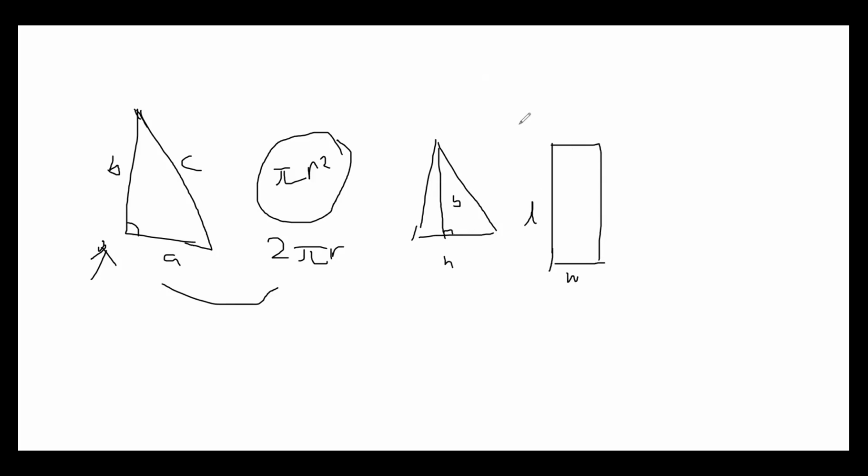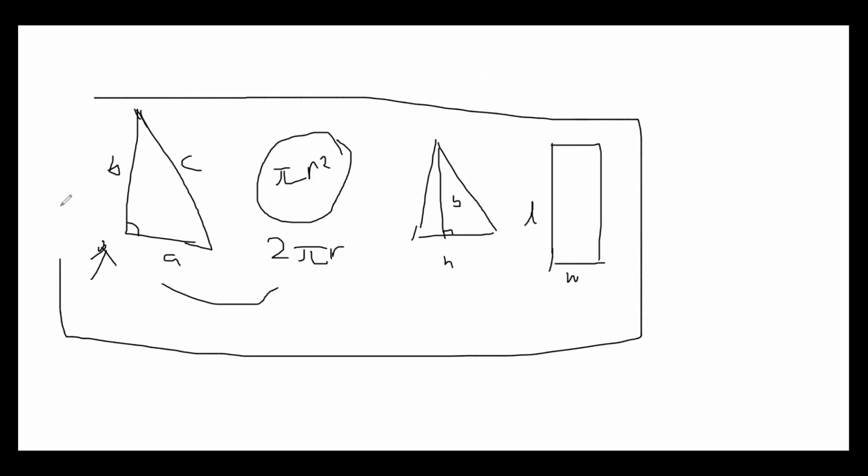Yes, those are all Pythagorean triples. If anyone has any questions on what I just said, please let me know. You don't need to know too much about geometry, but as long as you're familiar with these concepts, I think you should be okay.